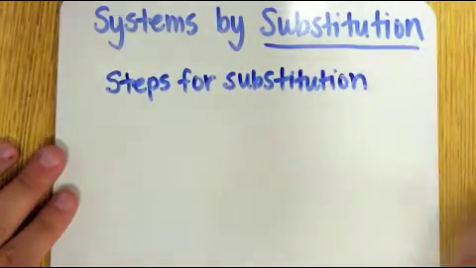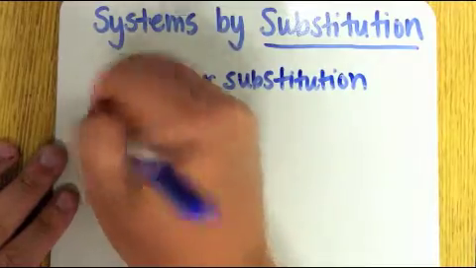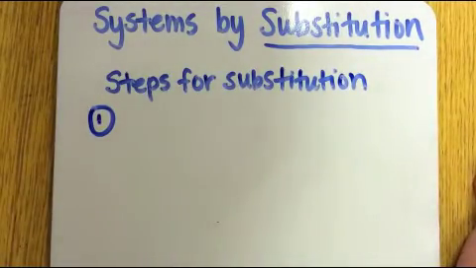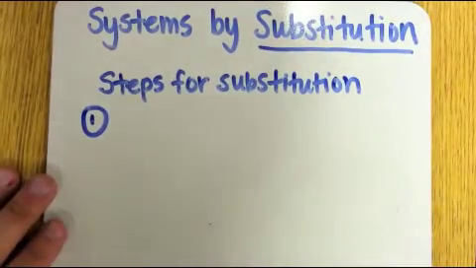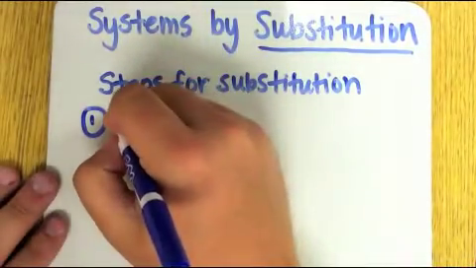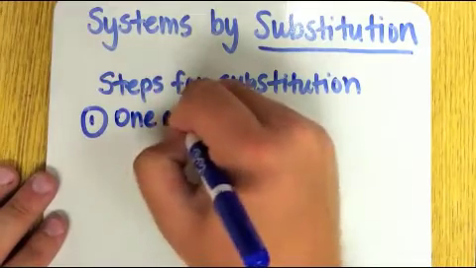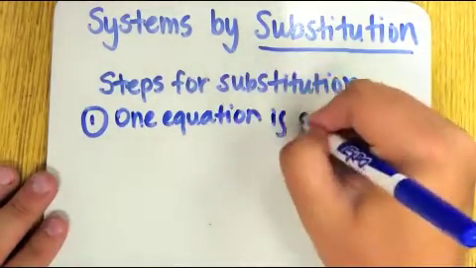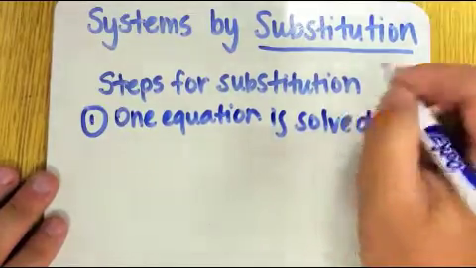Okay, so number one, we want to make sure that one of the equations, because remember a system, we're dealing with two equations here, that for this first step, we want to make sure one equation is solved for a variable.